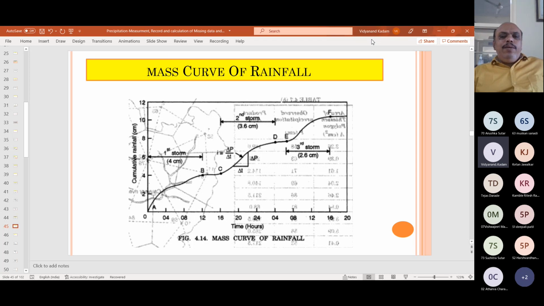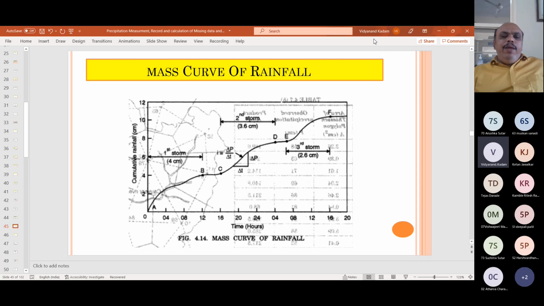And what does a storm mean? It is a session of rainfall. So in this session of rainfall, how much total rainfall takes place?